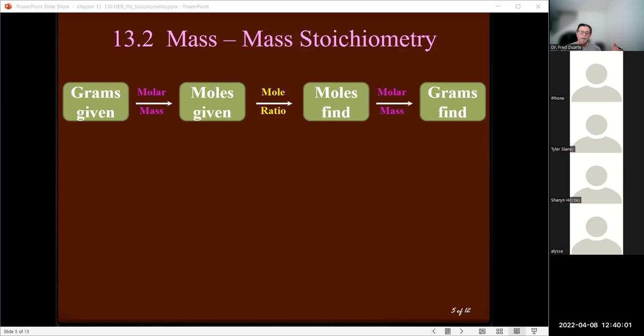So for the moles given, we need the molar mass, and we divide by the molar mass to give us the moles of whatever we've been given to start off with.